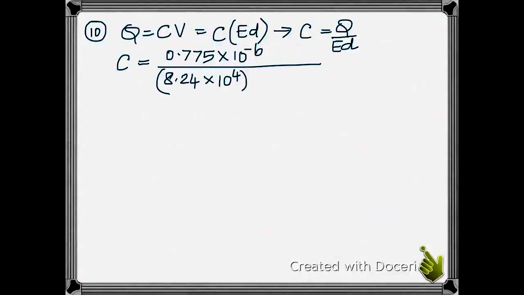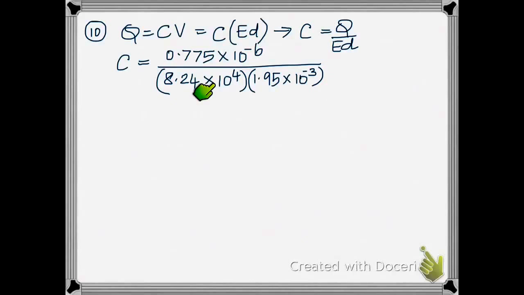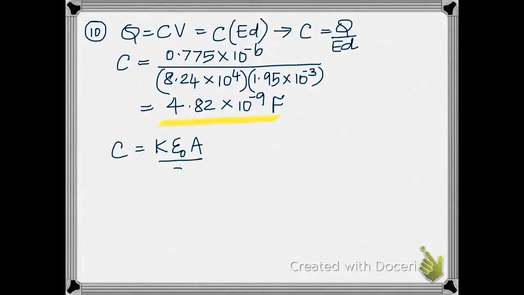And now all you got to do is the charge in microcoulombs. That's why it's 10 to the negative 6 there, divided by the field that's given and the distance in meter, of course. And you get 4.82 times 10 to the negative 9. To find the area, just go back to the formula for capacitance.